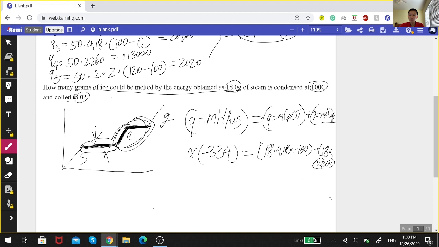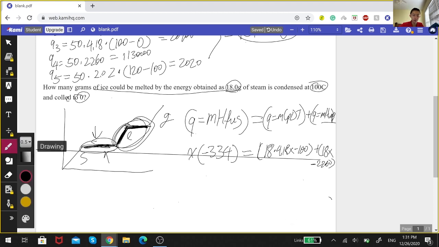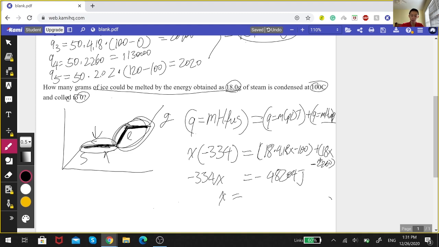Now, a thing to remember is that this has to be a negative number as well. Why? Because, again, we're decreasing temperature. So 18 times 2260 should give us an answer of negative 48204 joules on this side and negative 334x on this side. So this way we can simply solve for x by dividing both sides, and that should give us an answer of 144.32, which rounds to 144.